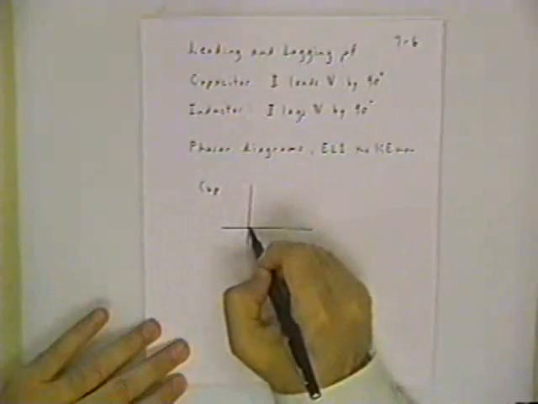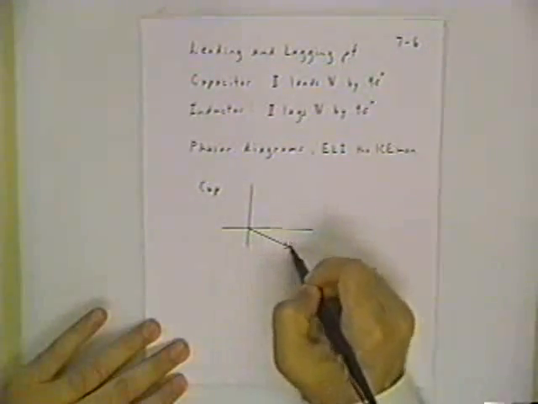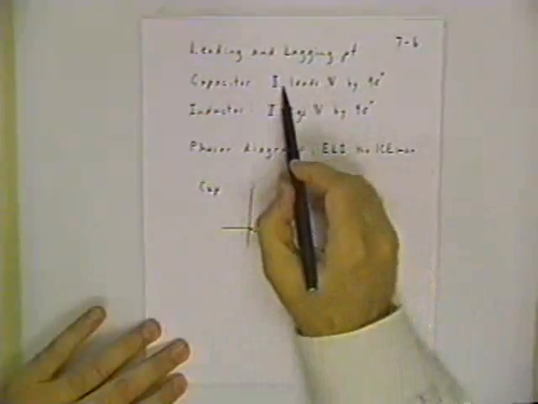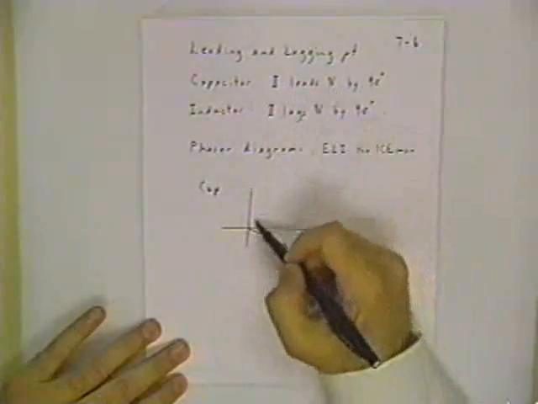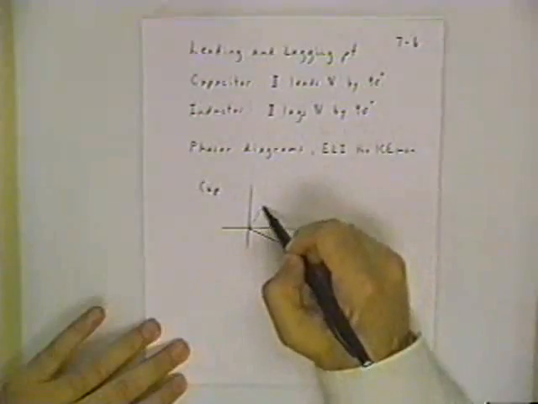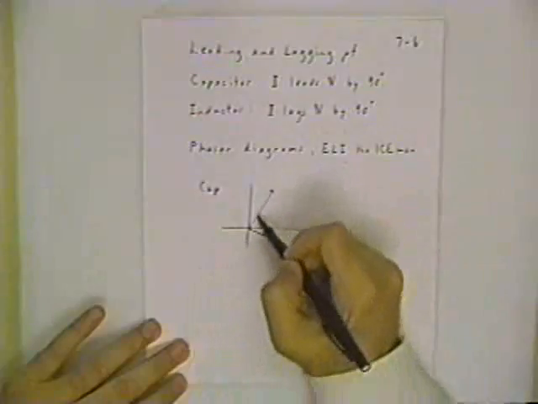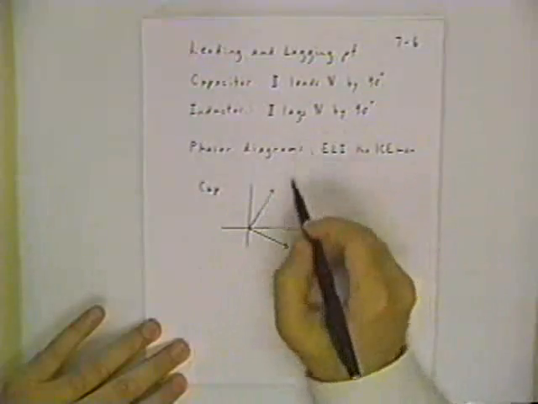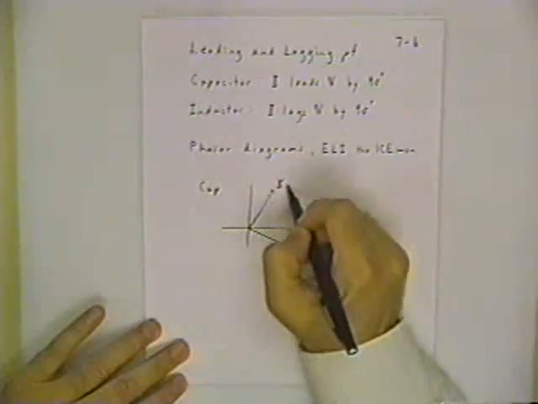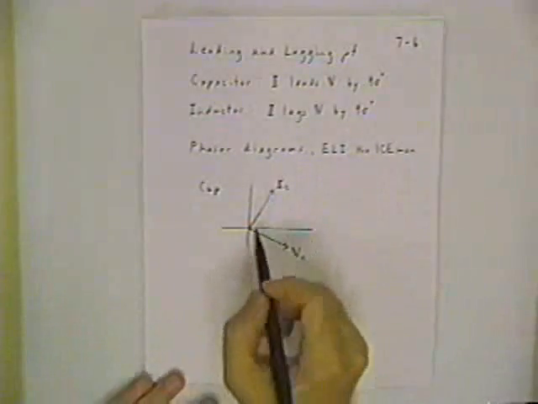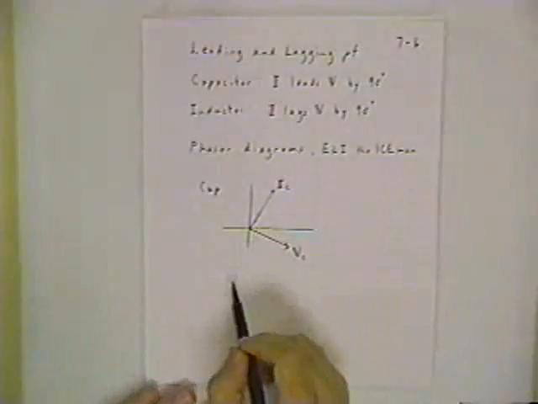If we just arbitrarily say, okay, here is the voltage on the capacitor, the current is going to lead the voltage by 90 degrees. So I go 90 degrees in front, and always these angles are positive counterclockwise around the complex plane. This would be the location of the I phasor for the capacitor, and that's a 90 degree phase shift between the two.